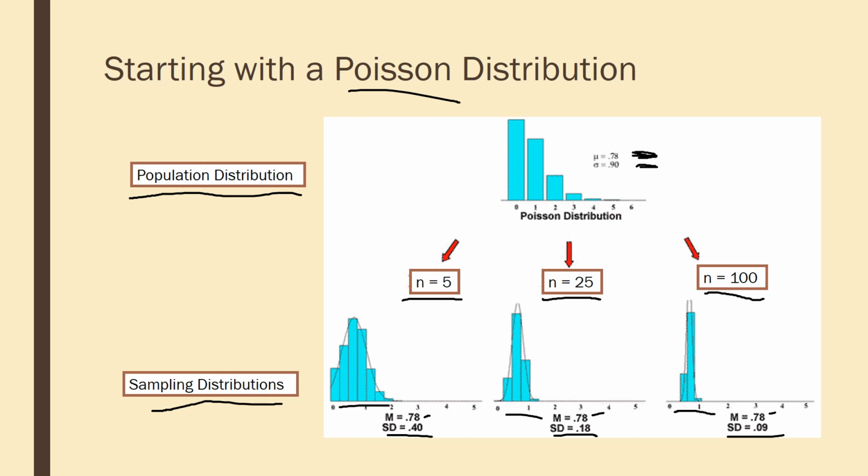And we also see that again, as our n increases, so we go from 5 to 100, our standard error, which I'm going to put as SE, decreases. So we go from 0.40 for n equals 5 to 0.18 for n equals 25, and we go to 0.09 when we have n equals 100.